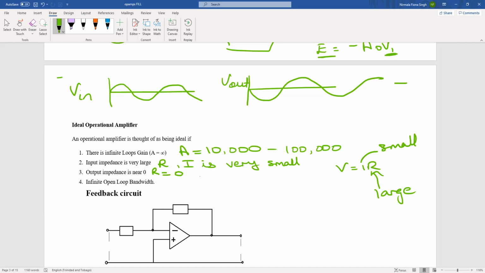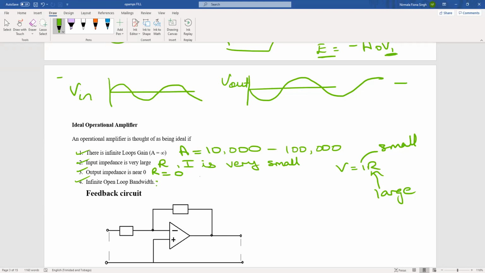We have resistors connected to our amplifier, and then we have resistors built into our amplifier. Here we want to look at the resistors connected to our amplifier. And then we have an infinite open loop bandwidth. Bandwidth we're going to do just now. All right, so these are the points that we want to see happening for an ideal operational amplifier.